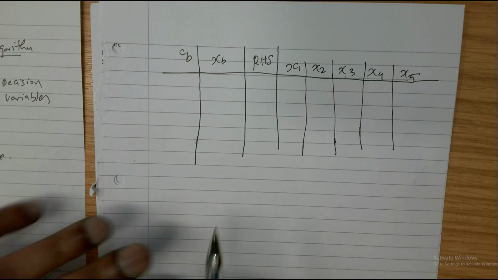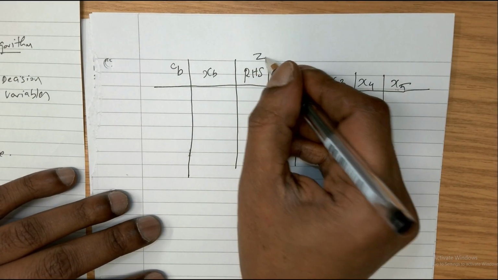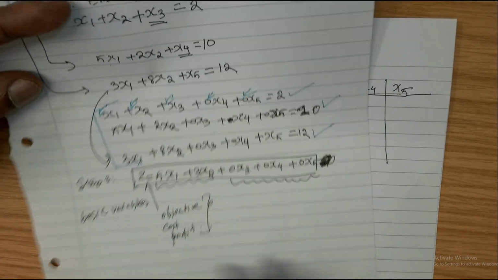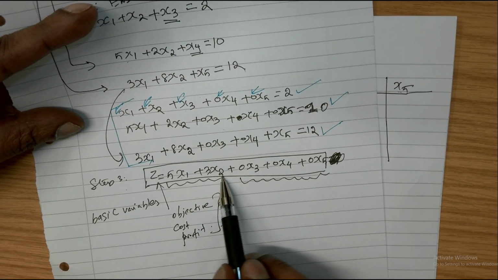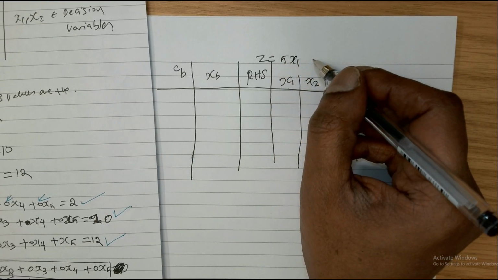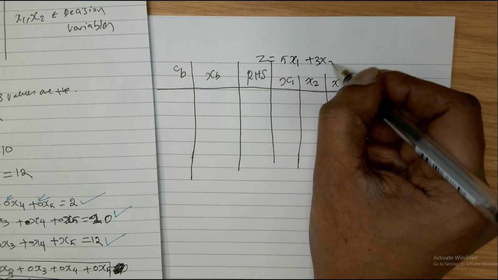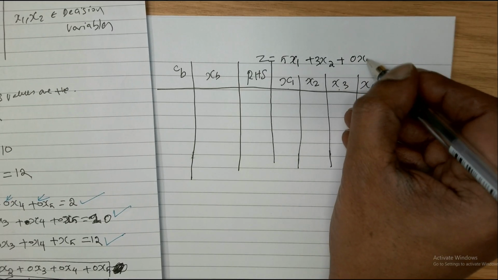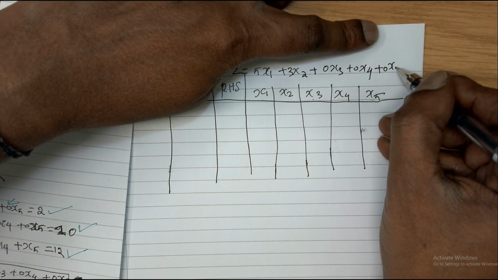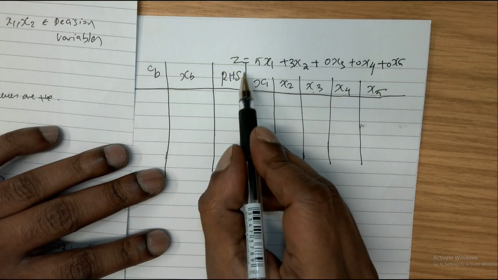One thing I forgot to write is your cost function. Write your cost function here that contains all the variables, which is here 5x1 plus 3x2 plus all your slack variables. So I write it here: 5x1 plus 3x2, 0x3 plus 0x4 plus 0x5. This is nothing but your cost function.